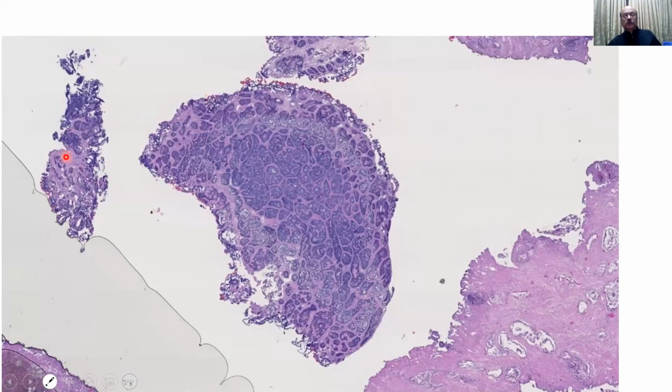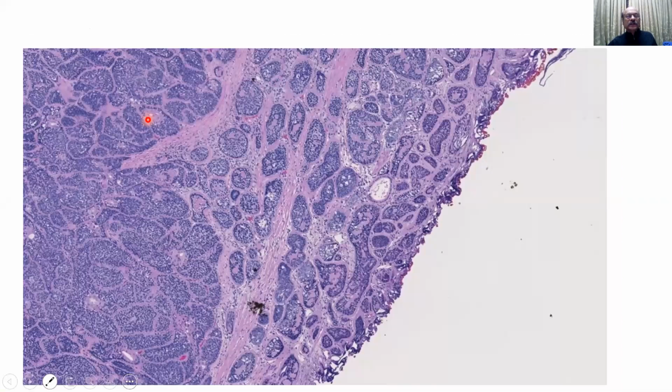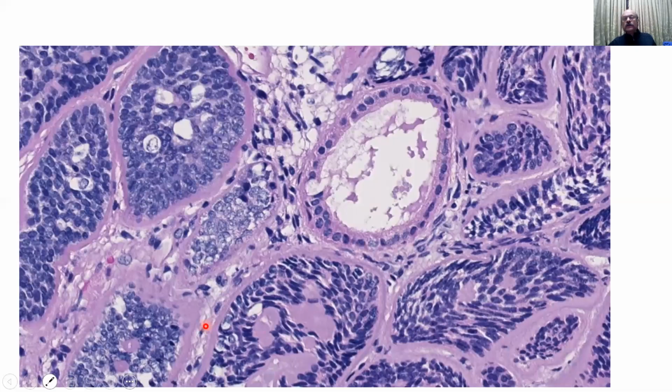Here is a high power view of normal fragment. This is the high power view of tumor.